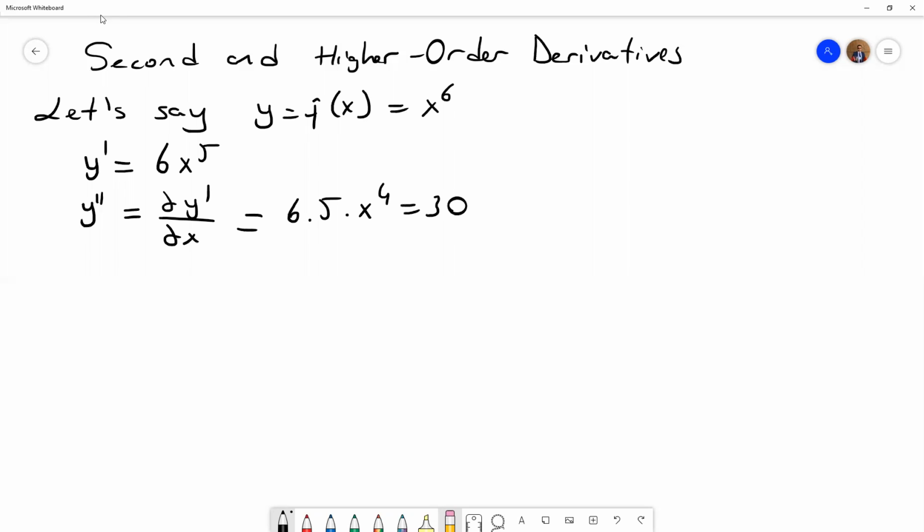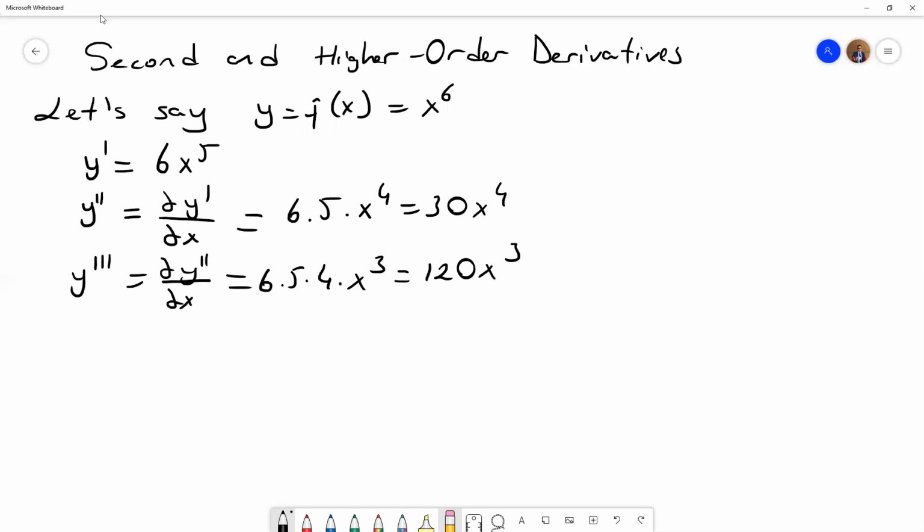This is 30 x to the power 4. So this goes like that. The third derivative is y double prime with respect to x, and this is 6, 5, 4, and x to the power 3. This is 120 x to the power 3.